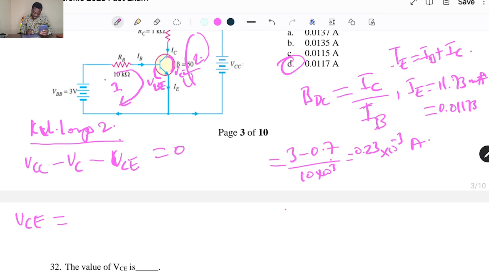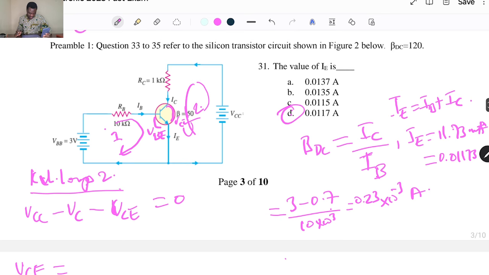VCE will be equal to, I know VCC from this equation. Where is the value of VCC? The value of VCC is not clear. I can't see it here. I can't see VC.